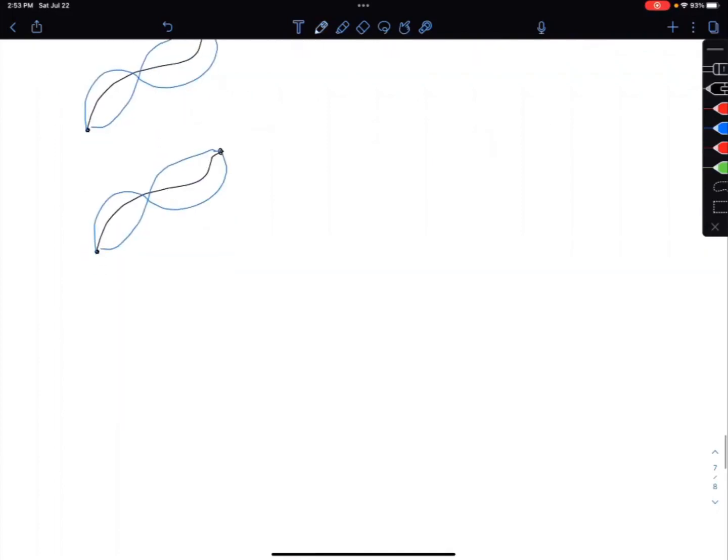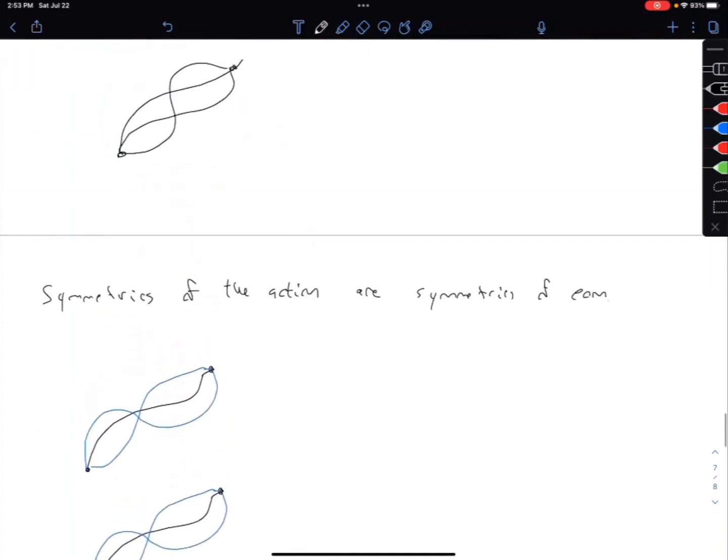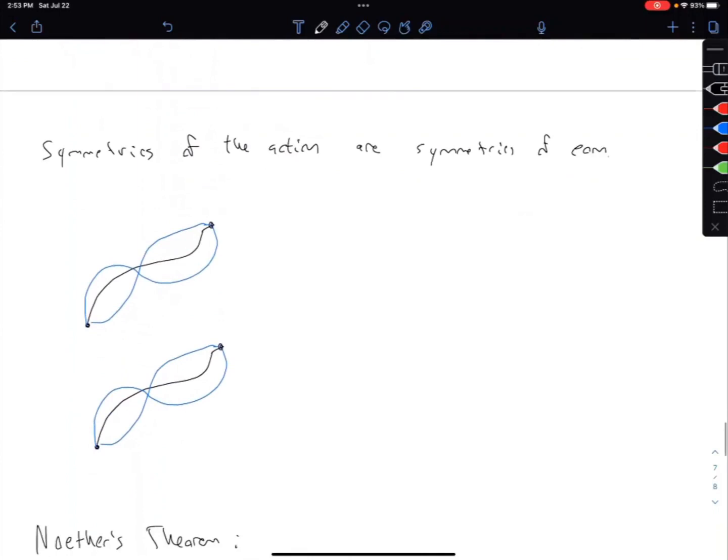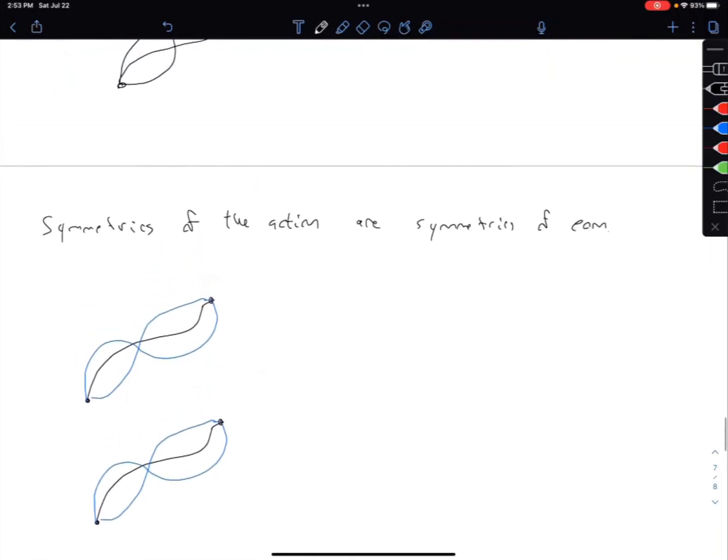Okay, so now we can state Noether's theorem. There's a question in chat asking if the converse is false. That's a really good question. I'm not exactly sure. I've repeatedly thought about this and never gotten a simple answer.